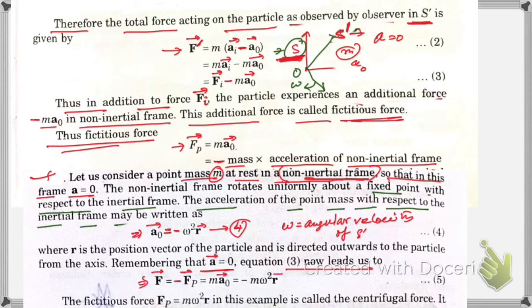Here r is the position vector of the particle of mass m. In this equation, f dash is nothing but the fictitious force. Here a is 0 now, so the fictitious force fp is equal to minus m a naught.